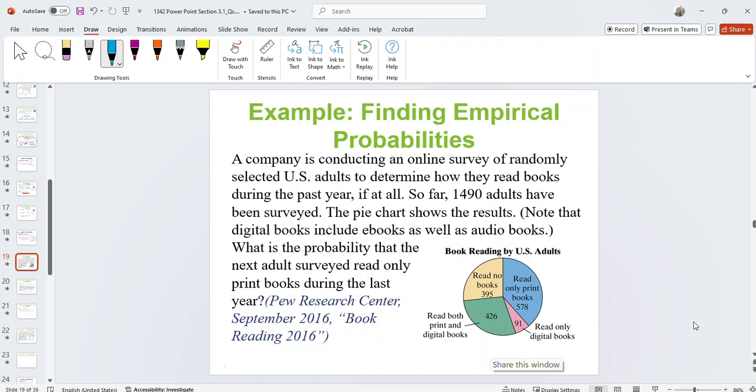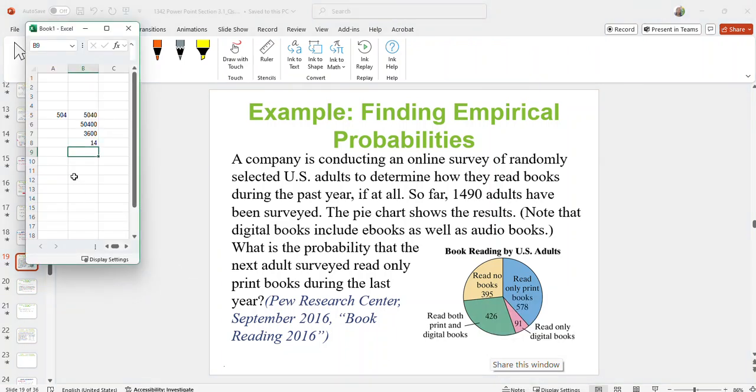So you can do the calculation. How many of them read only digital books? What's the probability that people only read digital books? So how do you calculate this one? Okay, so only about 6%. Look at that.